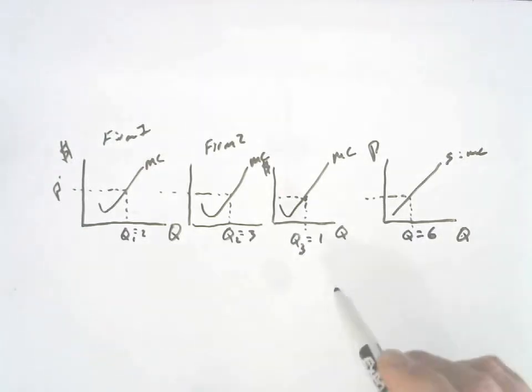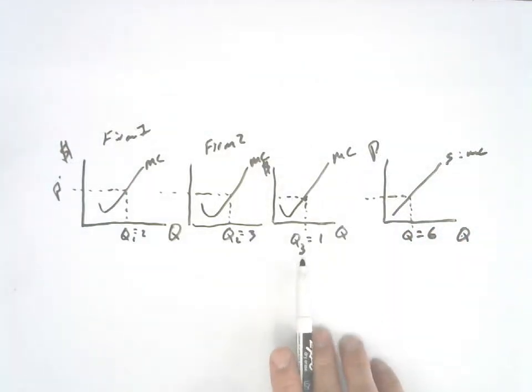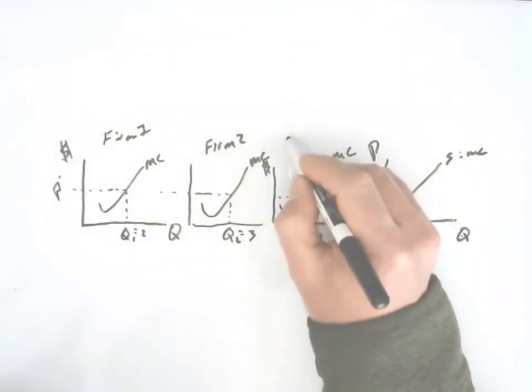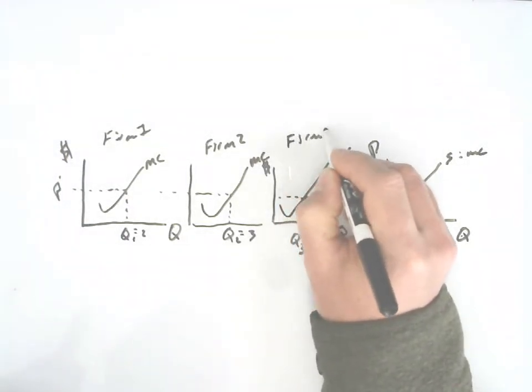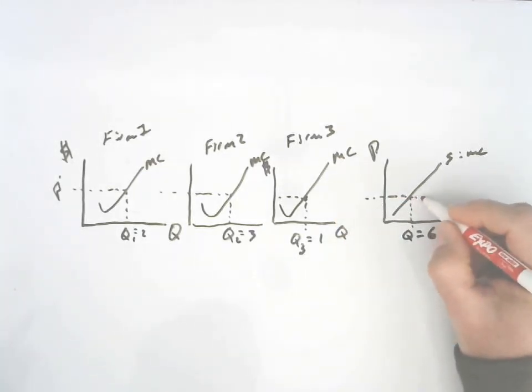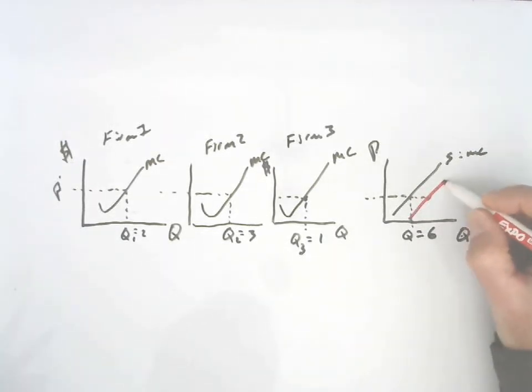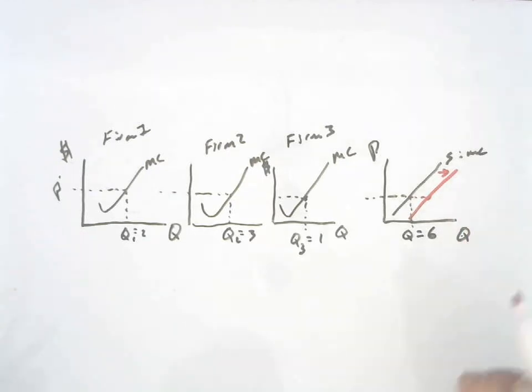As you can see, if I put another firm in here producing a positive level of output at that price level, then that positive level of output will be out here somewhere, meaning that industry supply shifted to the right.